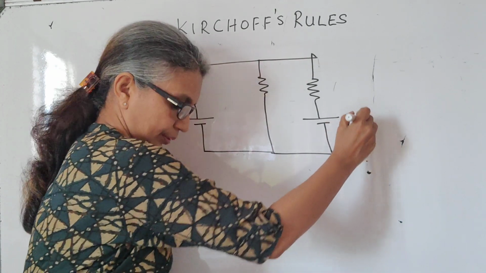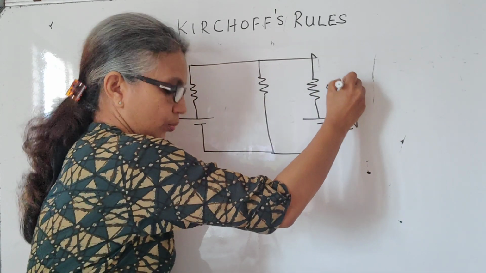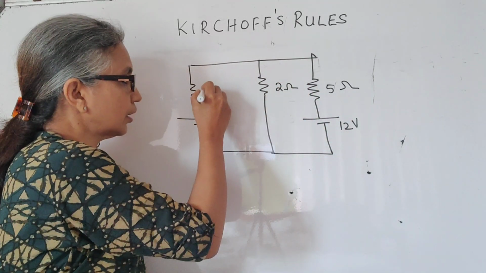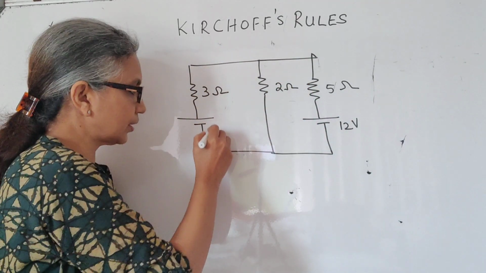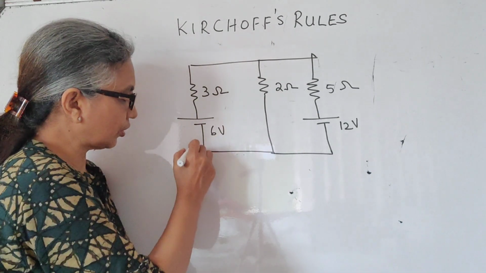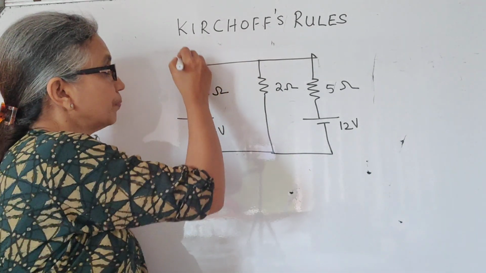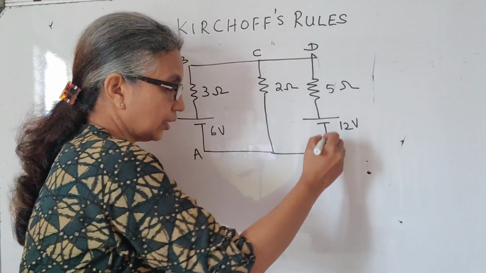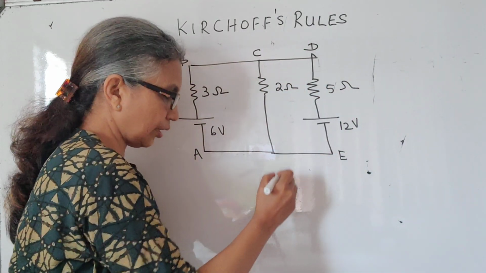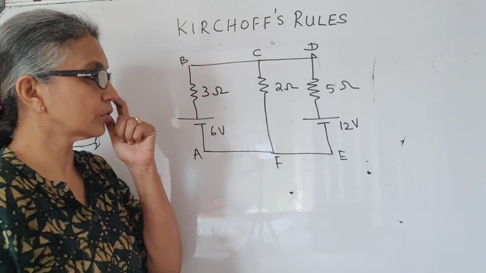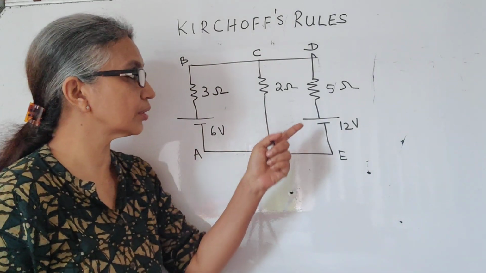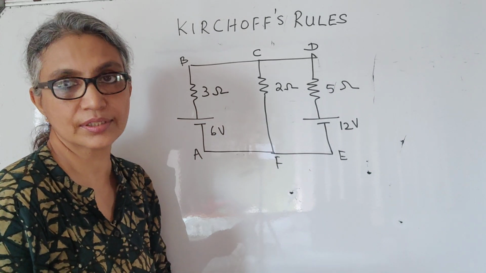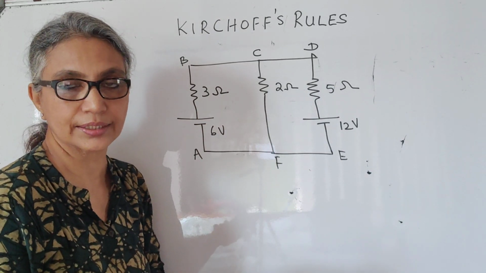This is 12 volt, this is 5 ohm, this is 2 ohm, this is 3 ohm, and this is 6 volt. Now we'll call the points A, B, C, D, E and F. If you're asked to find the current in each branch of the circuit, you may use Kirchoff's rules, the first and the second.